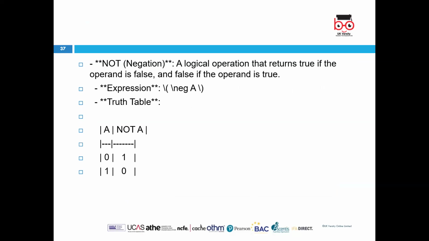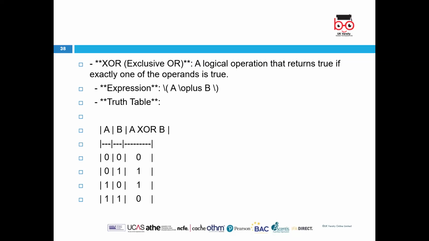NOT, a negation, is a logical operation that returns true if the operand is false, and false if the operand is true. That is the basic negation.